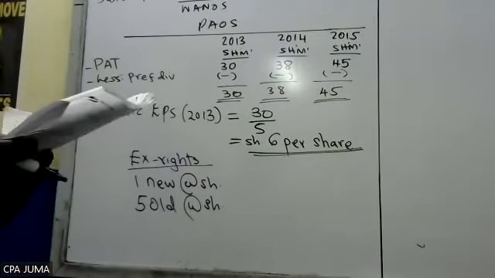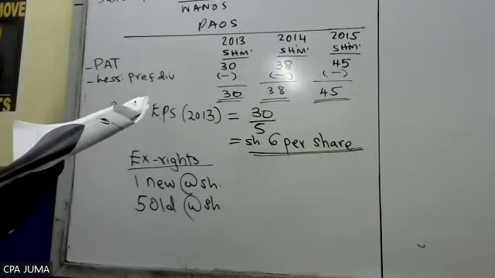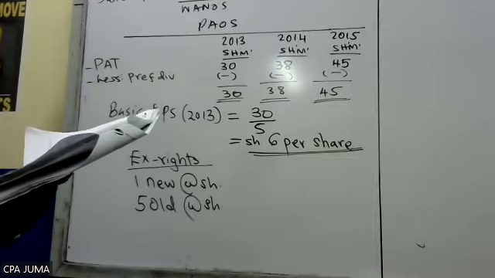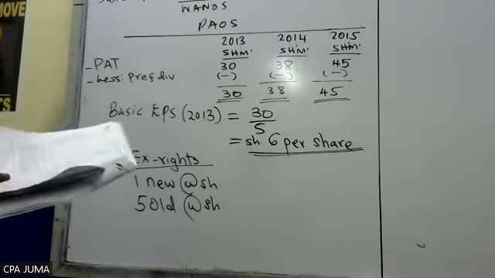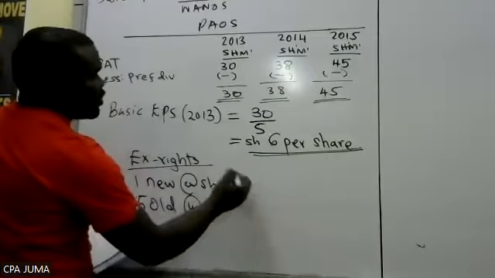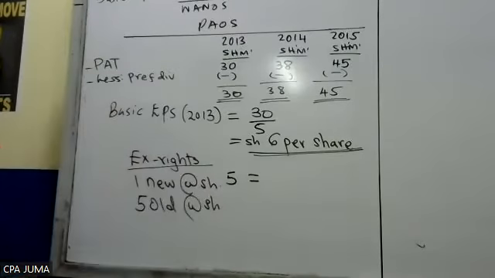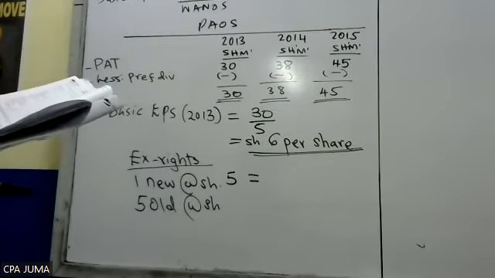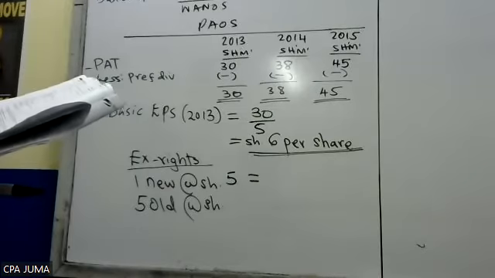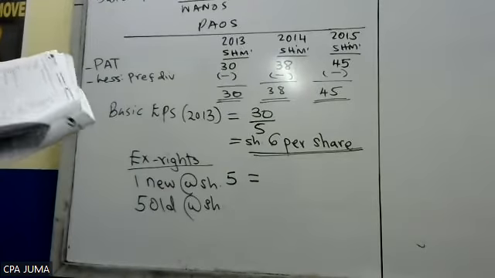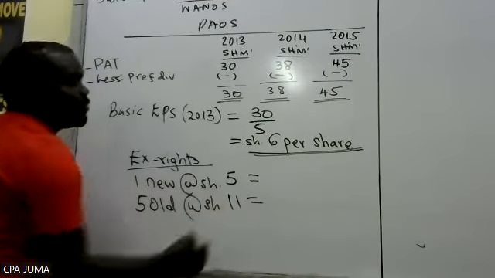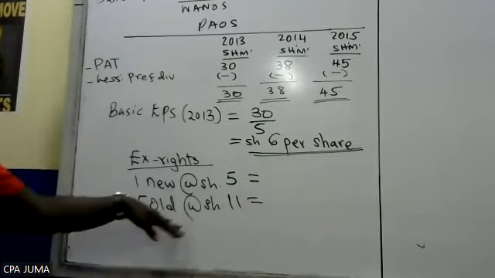So I read note 2 again. On 1st February 2014, a rights issue of 1 new share for every 5 shares outstanding was made at an exercise price of 5. So this new one was coming at shillings 5. But the 5 old, read note number 3, the fair value of ordinary shares immediately before the exercise of the rights was shillings 11. So before the rights issue, the price was 11.